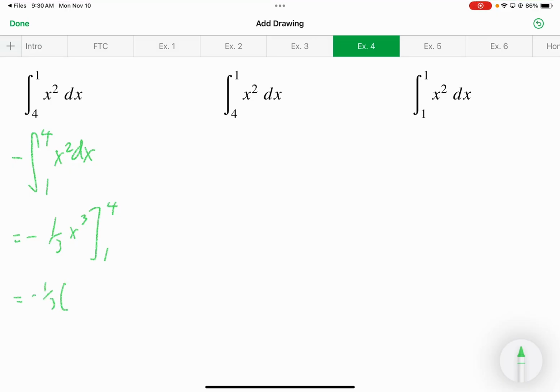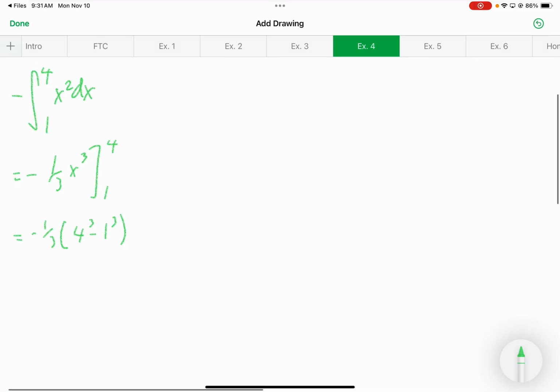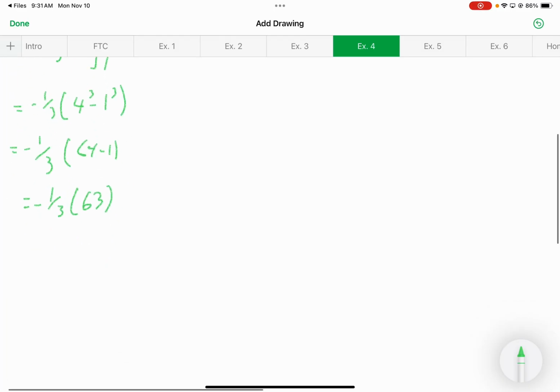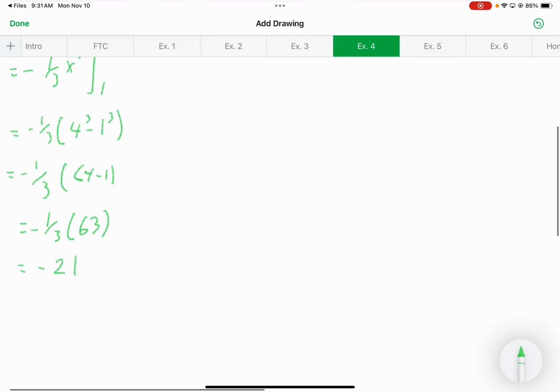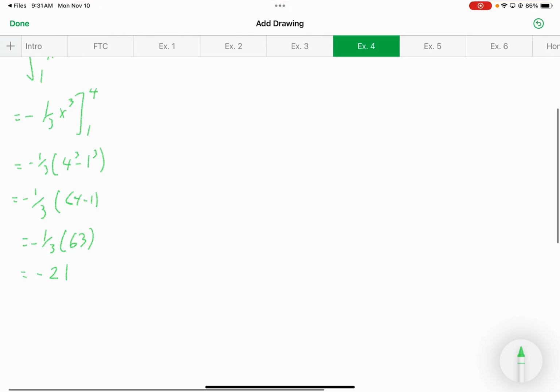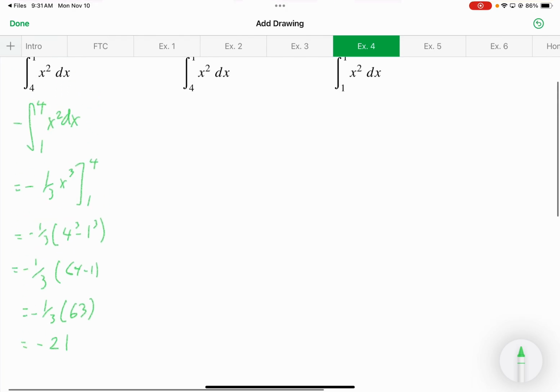So negative 1/3, I have 4 cubed minus 1 cubed. 4 cubed is 64 minus 1, which gives me negative 1/3 of 63. What is 1/3 of 63? 21. So negative 21 is my area.